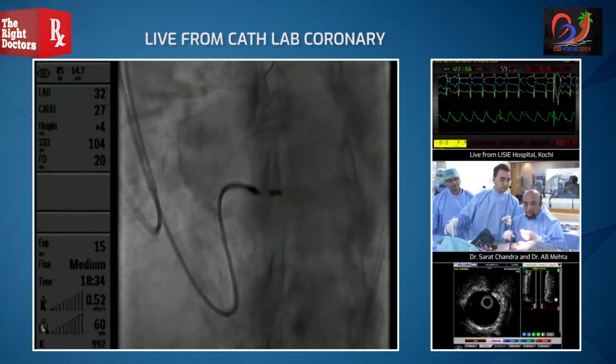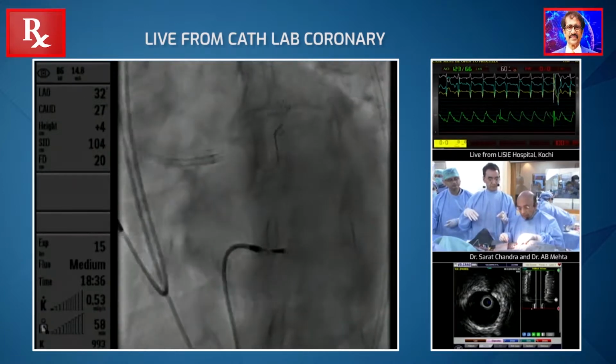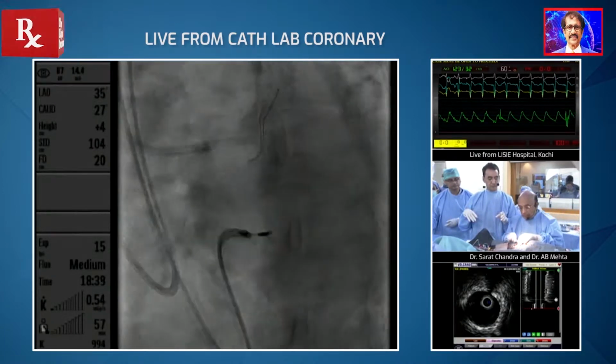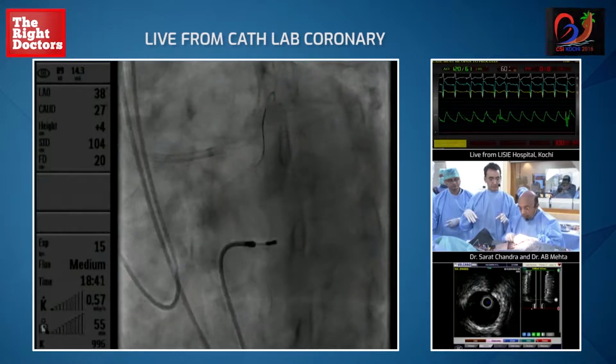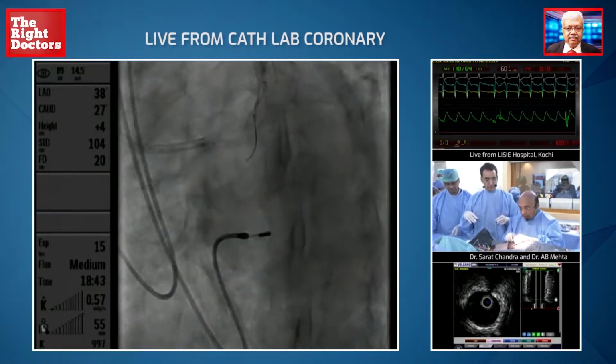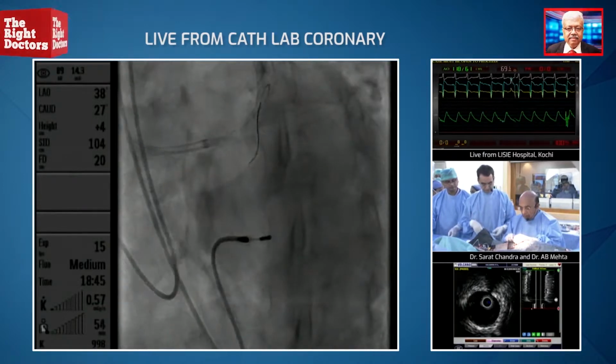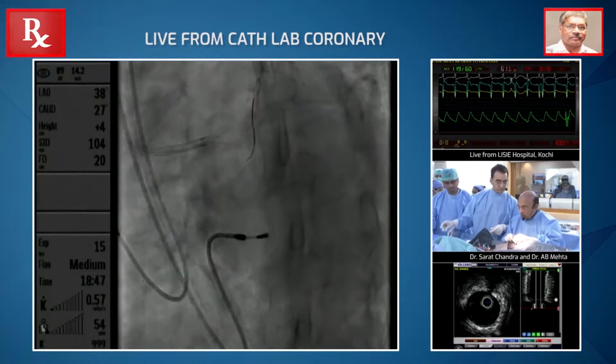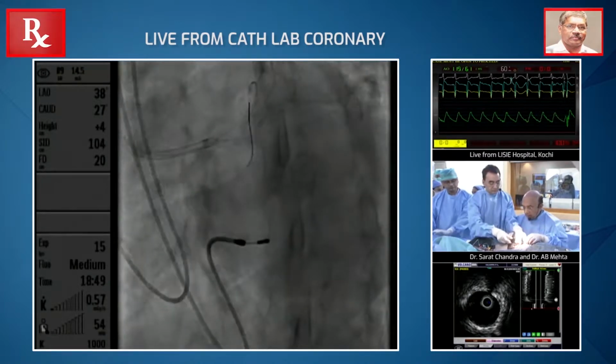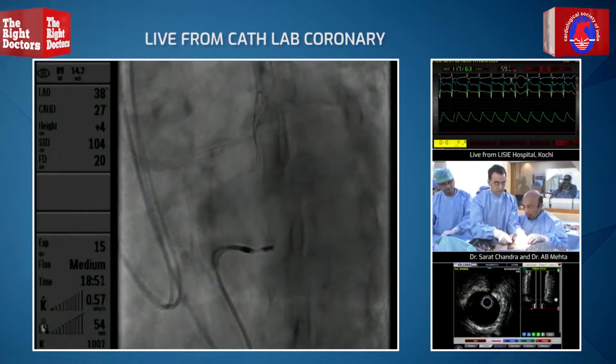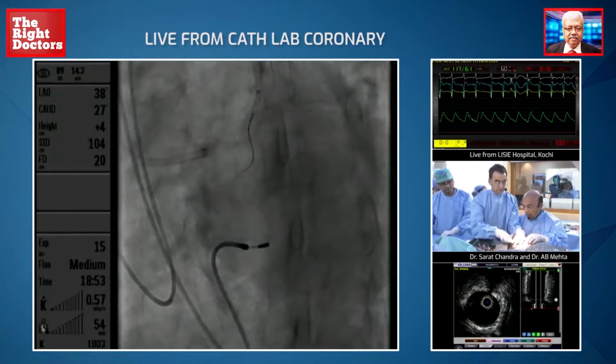The major gradient is caused by that distal lesion and the proximal lesion. And what we've done is to use that to target our angioplasty.